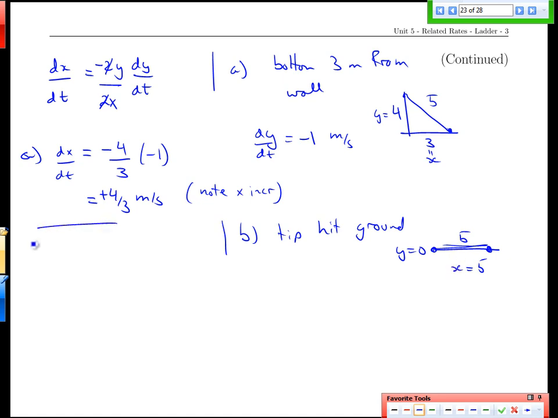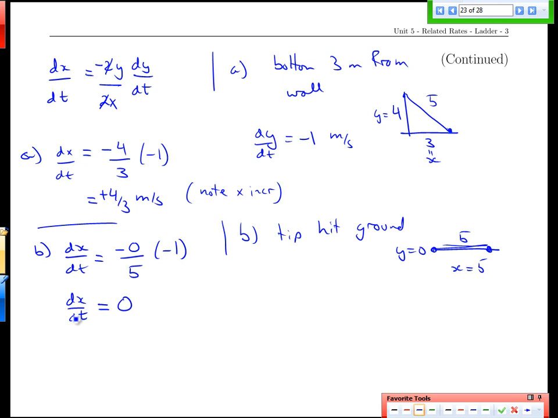Under that scenario, dx/dt will equal minus y, well, y is 0, over 5x times the negative 1, which is the rate at which the ladder was decreasing at that moment. And then we just get 0.